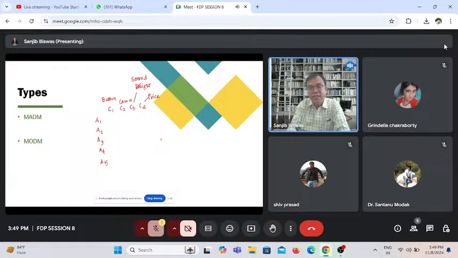So you understand that I want more battery life, good camera quality, better sound, but at a lesser price. That means each of the alternatives has a value here. For example, A1 may have some value for battery life, camera quality, sound, and price. Similarly, A2 also has such values. So this particular matrix is called the decision matrix.